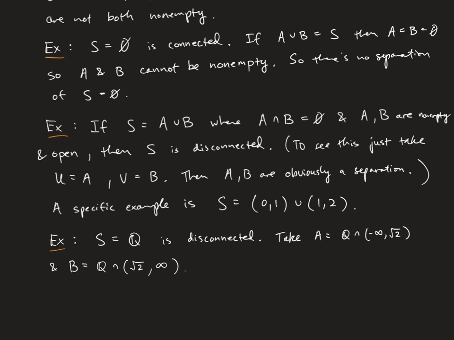Then S equals A union B, clearly. Also, A intersect B is empty, clearly.